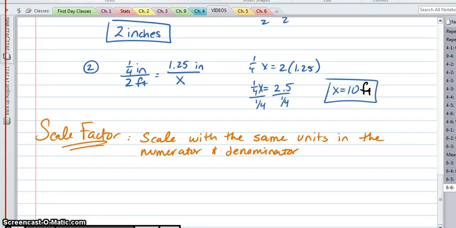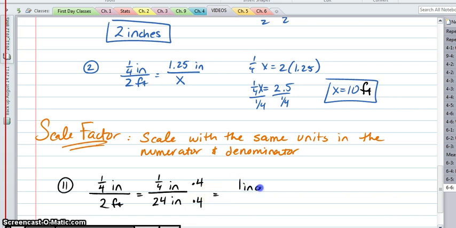So let's take a look at number 11 and let's figure out the scale factor. The scale we were given was 1/4 inch to 2 feet. So let's go ahead and convert this so that we have the same units. We can convert 2 feet into inches, so we multiply by 12, we get 24 inches. And let's make the numerator 1, just so that it is easier to see what's actually going on here. In order to make this 1/4 into 1, I can multiply by 4.